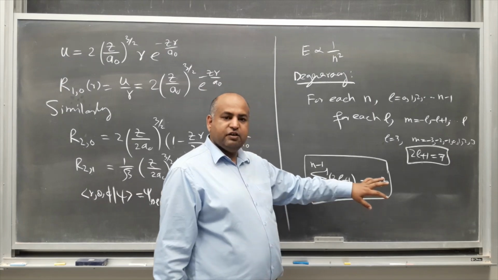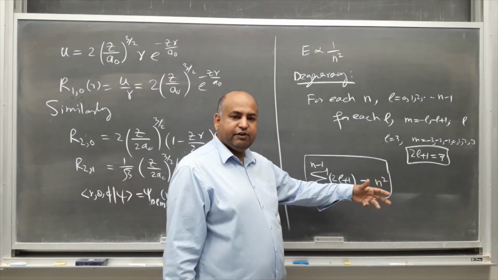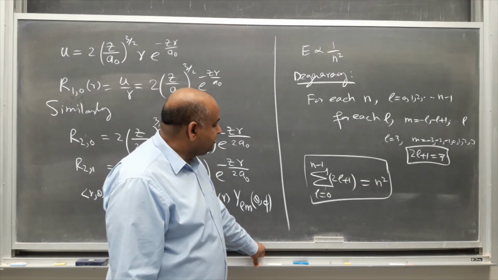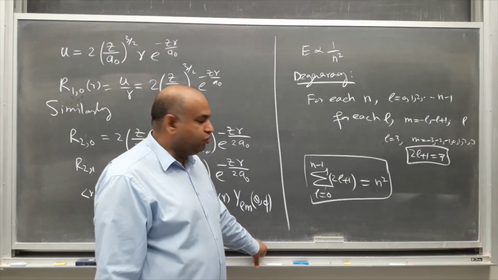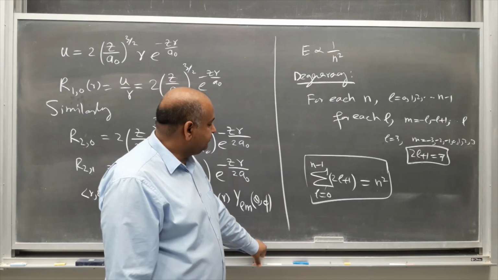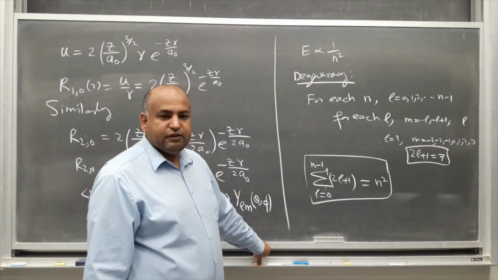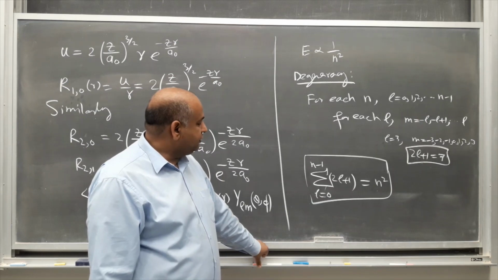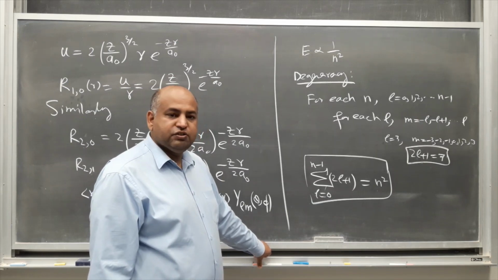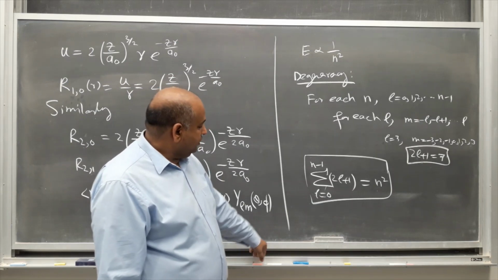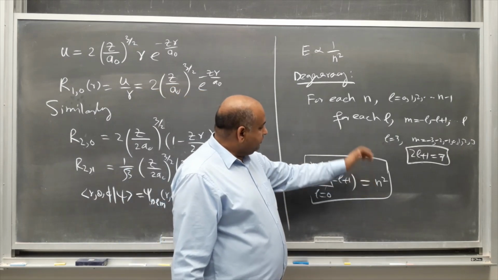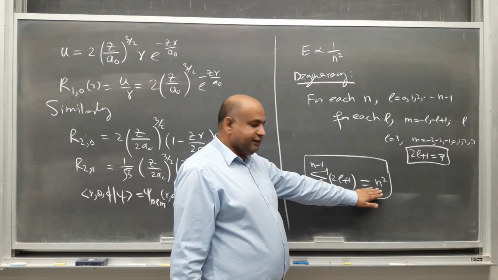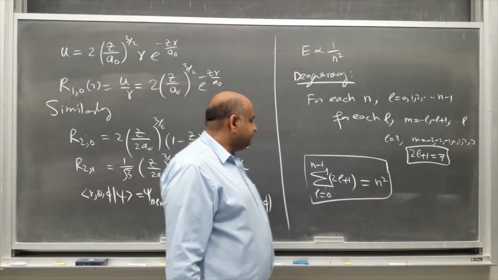Remember, we are not taking into account the spin of the electron, which we will see increases the degeneracy by twofold, because each electron can have either of the two spins, which gives rise to 2 states for each value of n. But neglecting spin, the degeneracy of the solution of the Schrodinger equation is n squared for the hydrogen atom.